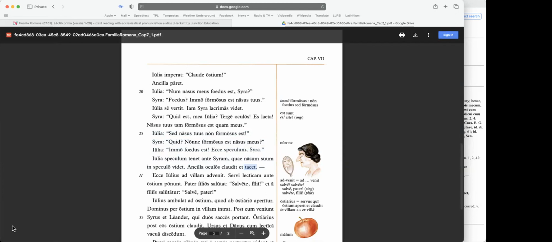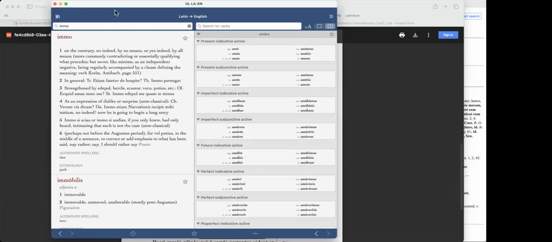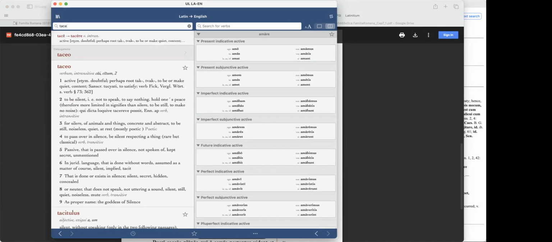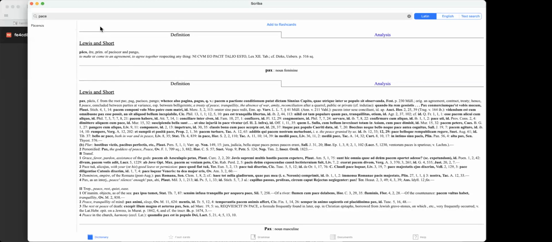Okay. Let me haul up this one. I'm going to do this one only because the print's a little easier to see in this one. So if we look up taceo. Let's do Scriba.